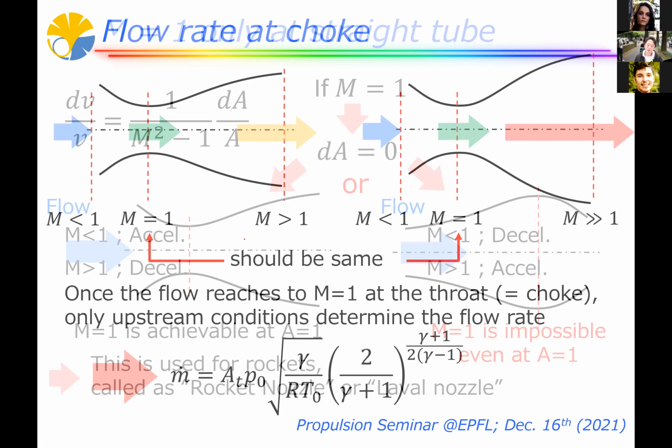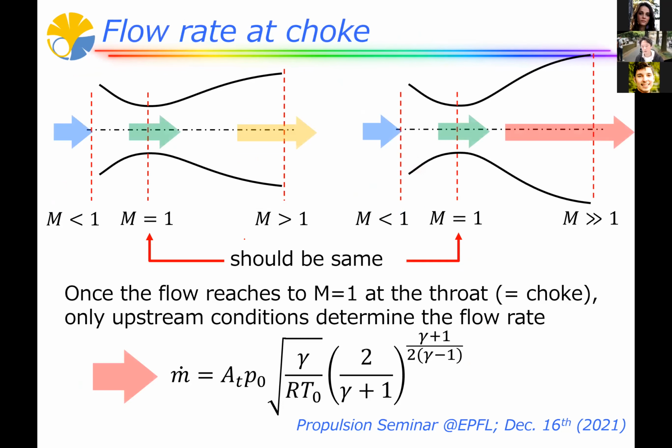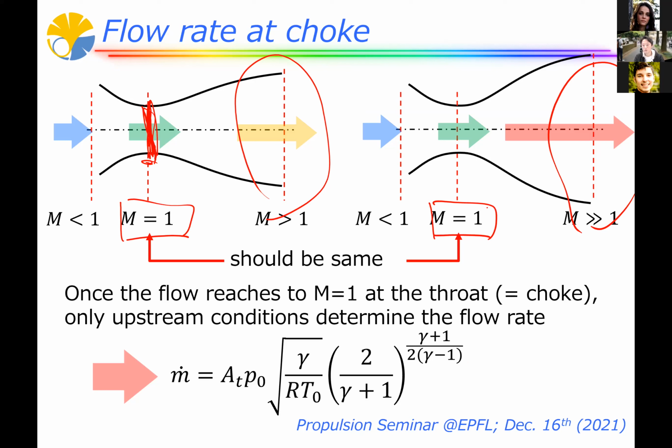And also, this feature tells us a very important and interesting feature of the flow. So, for example, if you change the exit area of the nozzle like this, here, this area, it's called a throat. Throat Mach number is always 1. So even if you change the downstream condition like this, upstream condition will not change because here at throat, M is equal to 1 and the same property.